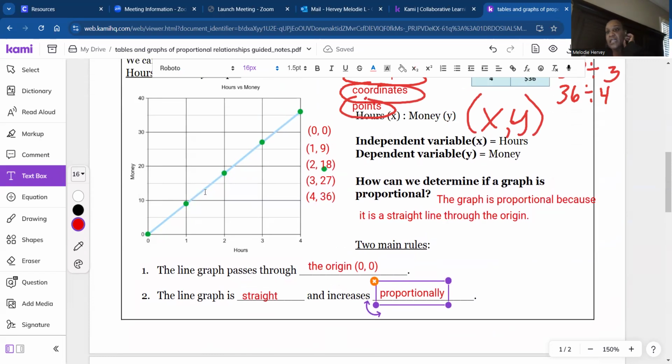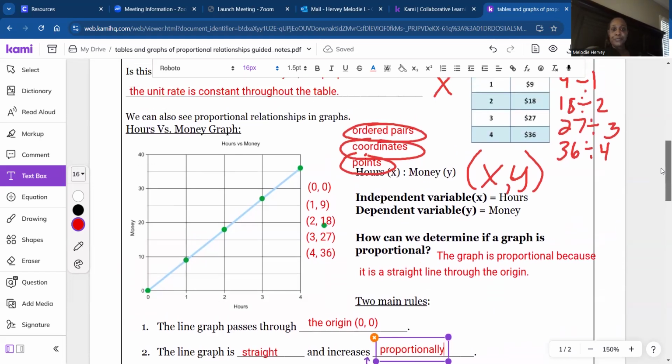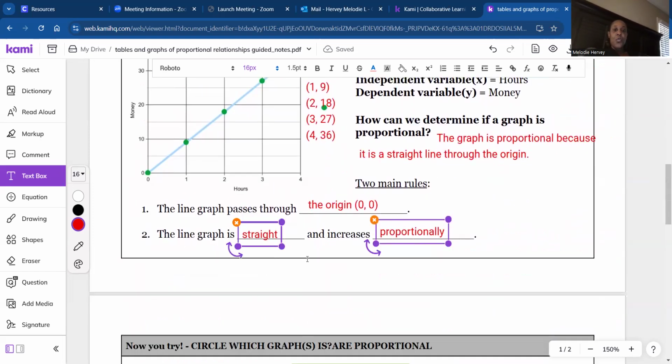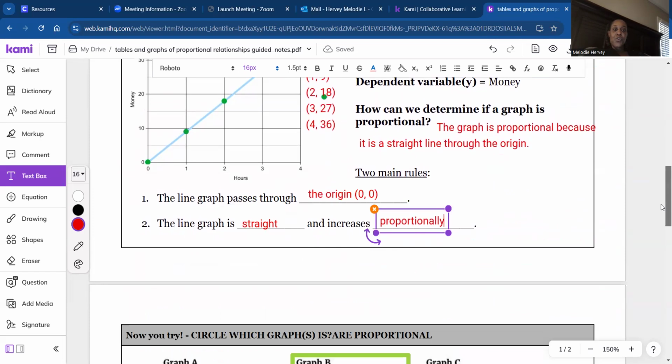So that straight line can't be a horizontal line. Okay, that straight line can't be a vertical line. It has to increase proportionally. As one is going up, the other one has to be going up. And so this is what you're looking for when you're determining whether or not a graph is proportional.